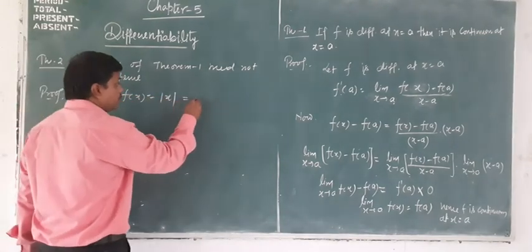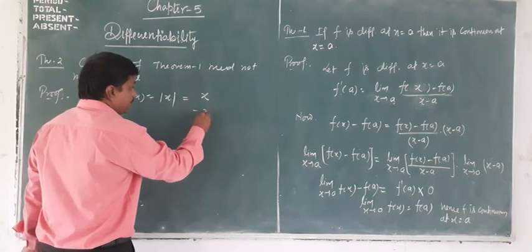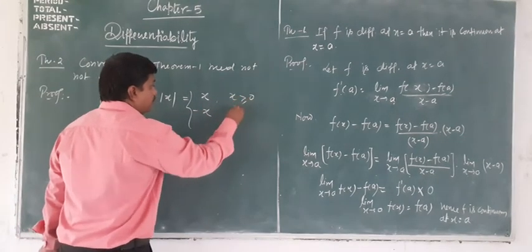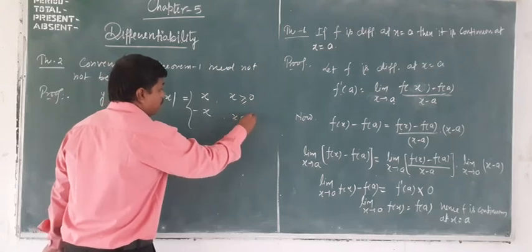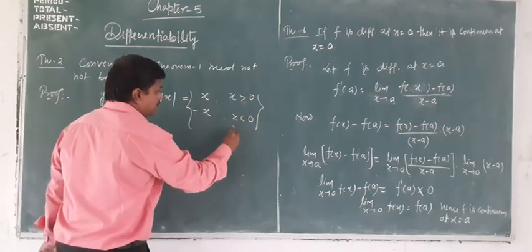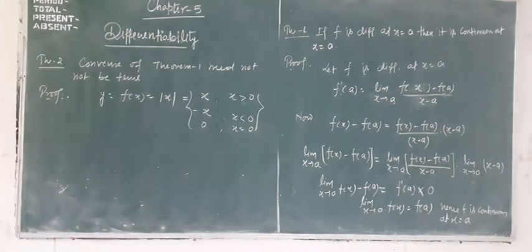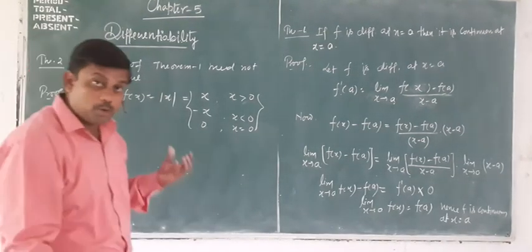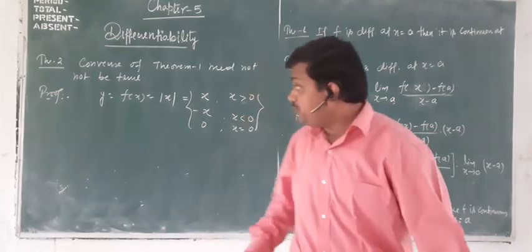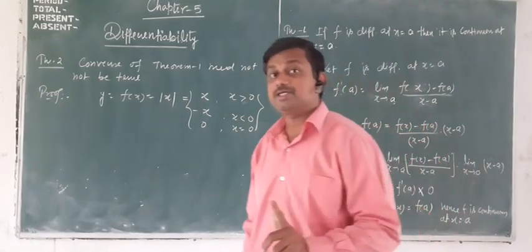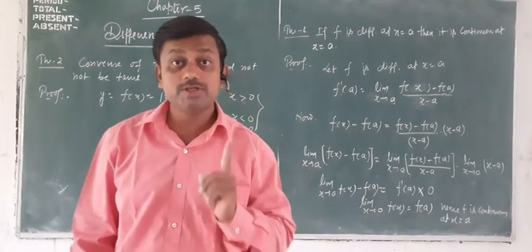The modulus function, all of you know, has value x for x greater than 0, minus x for x less than 0, and at x equal to 0 the value is 0. This is the definition of the modulus function, and we know by the graph we have already discussed that the modulus function is always continuous.